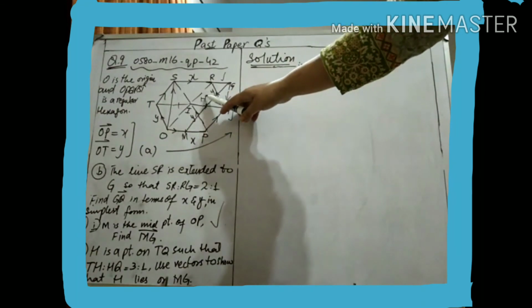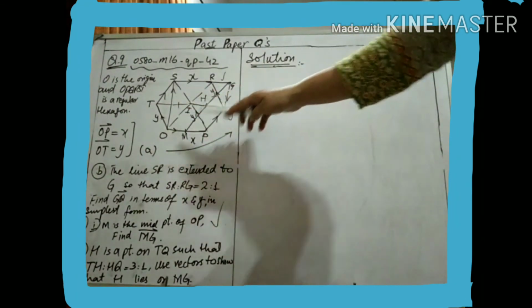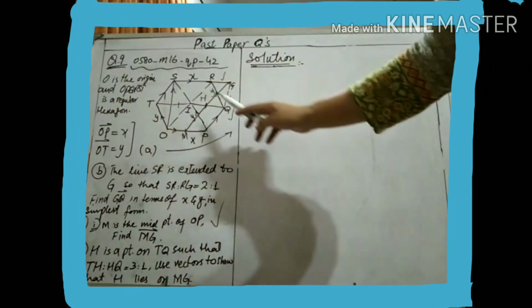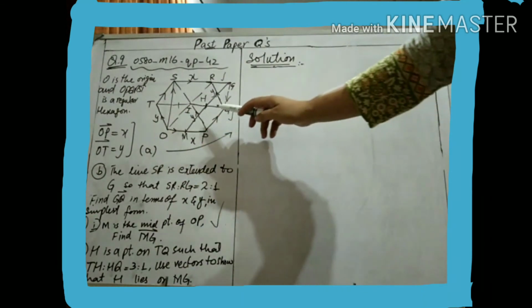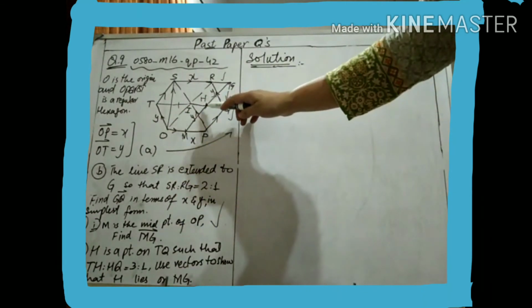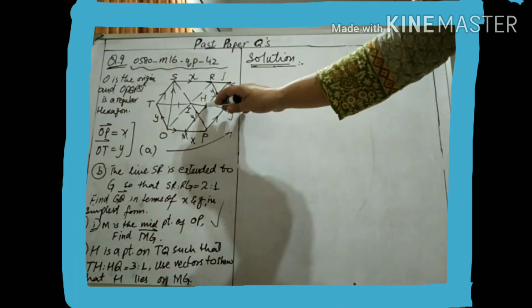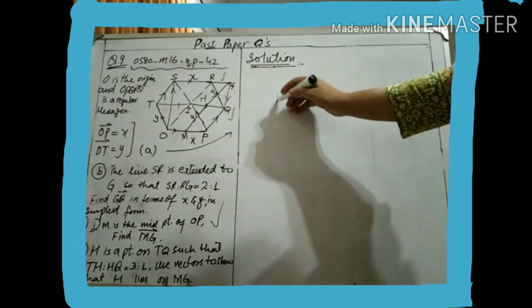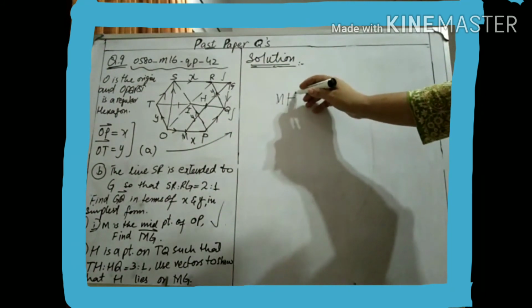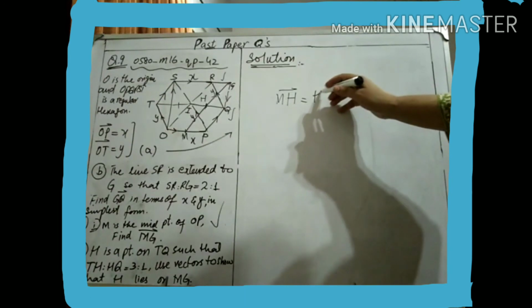Now to prove it, if H lies on both lines at a time, TQ and MG, then it is the intersecting point of both lines, and it must be the midpoint of MG. So if it is the midpoint, we can write MH equals HG. And you know what MH is?